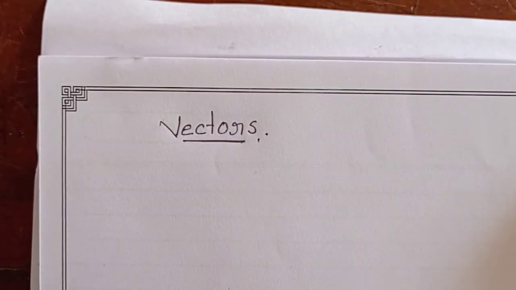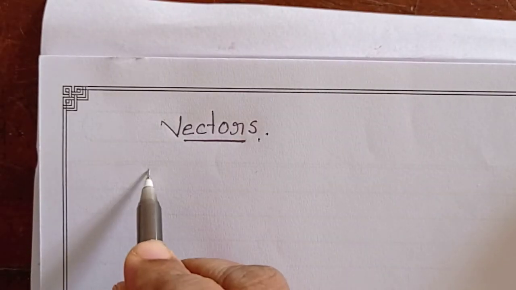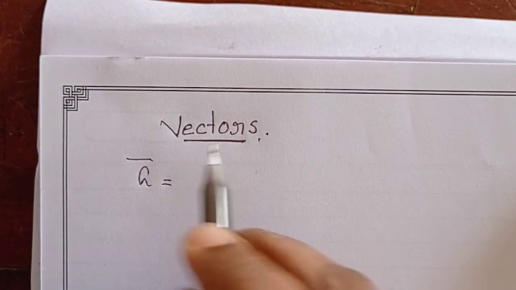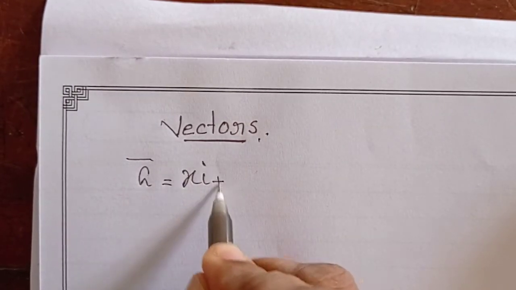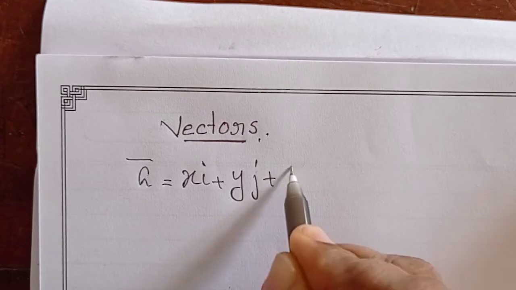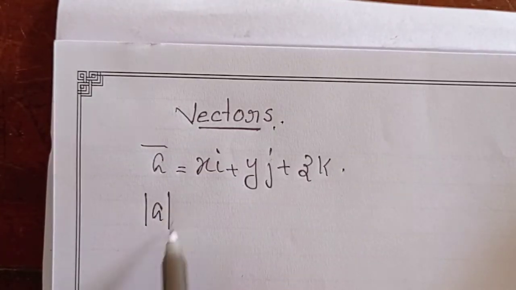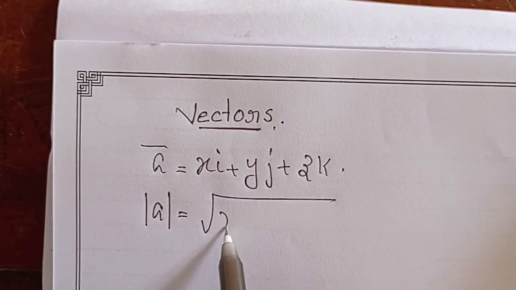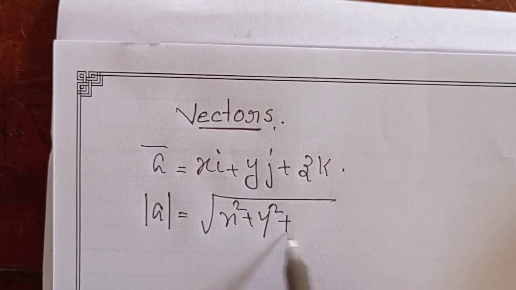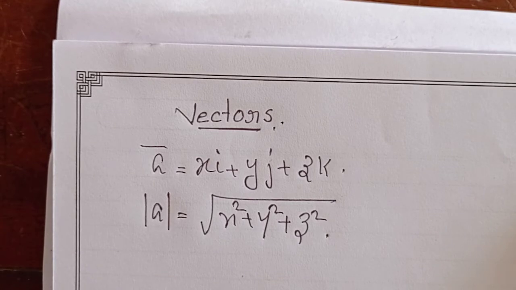The first one is how can you express a vector? Vector A is equal to xi plus yj plus zk. Then the first note is what is the modulus of a vector? Root of x square plus y square plus z square.